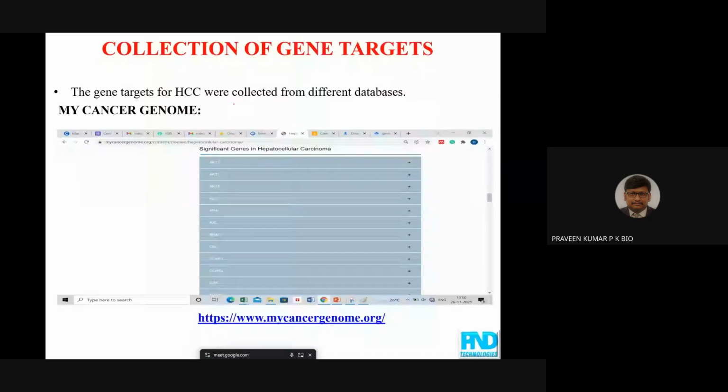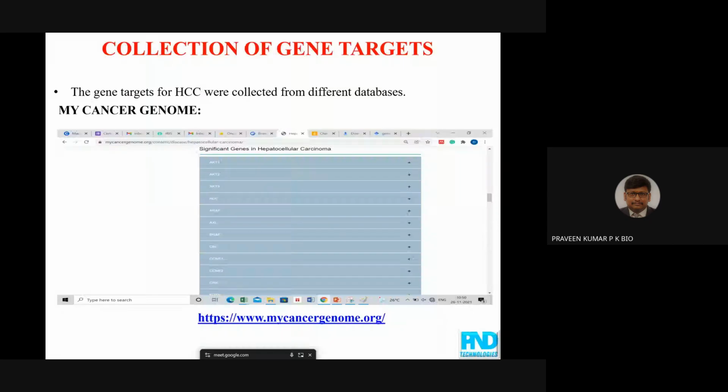Till now, whatever we have discussed has been a recap. Now we'll see something related to a particular cancer. If I want to work on a cancer, how do I search? We have exclusive databases like mycancergenome.org.